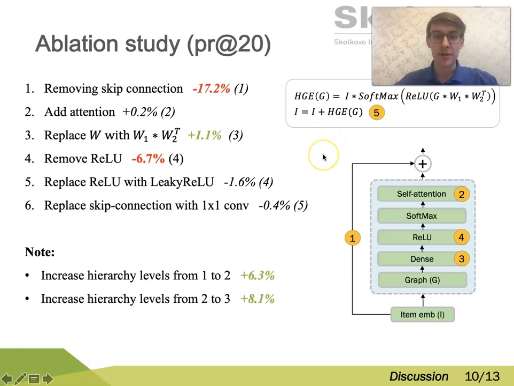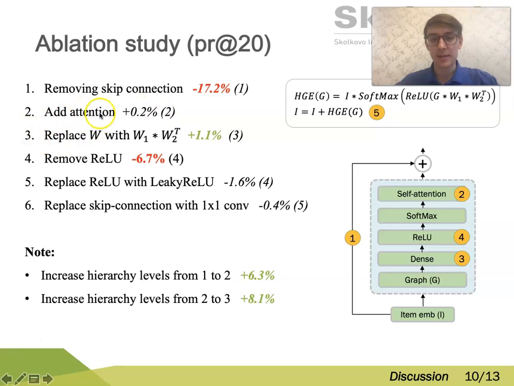We also did an ablation study on the hierarchical graph embedding model in terms of precision at 20. We tried to remove the skip connection, but it led to a 17% decrease in precision at 20. We also tried to add attention, however, it improved the model, but also increased computational complexity. So we decided not to include attention in the final architecture.